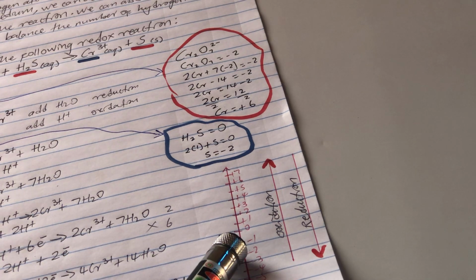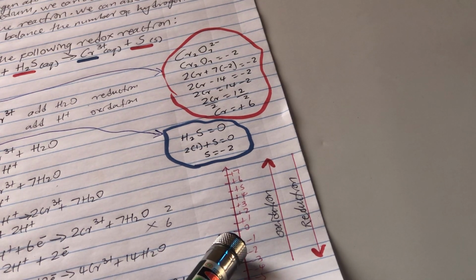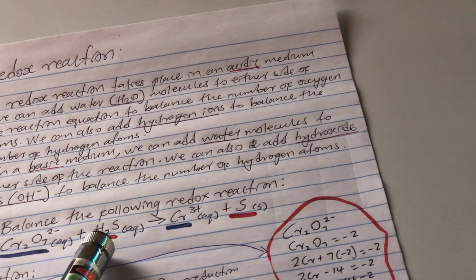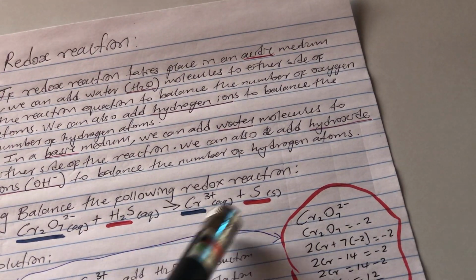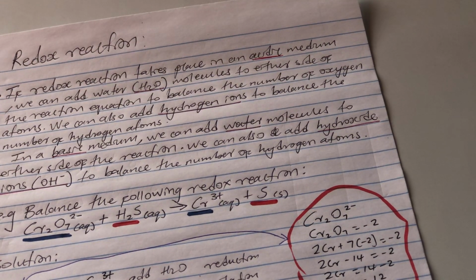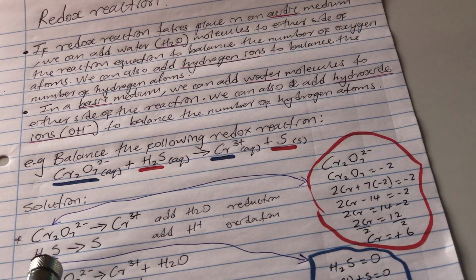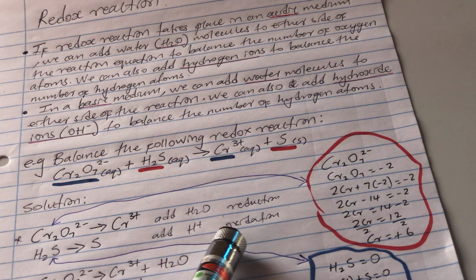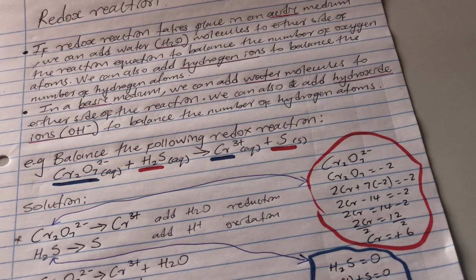There's an increase in oxidation number, which means that electrons were lost here. So this is our oxidation half reaction. Here they are, the reduction half reaction and the oxidation half reaction.